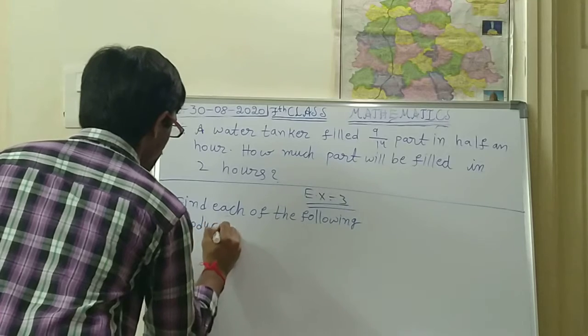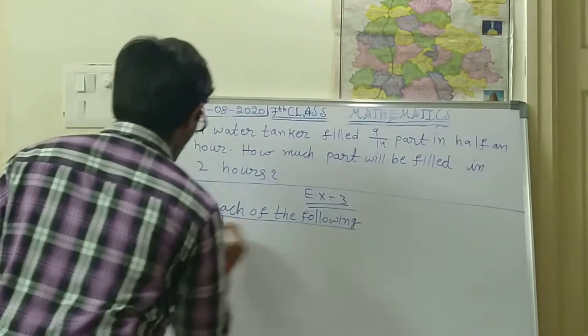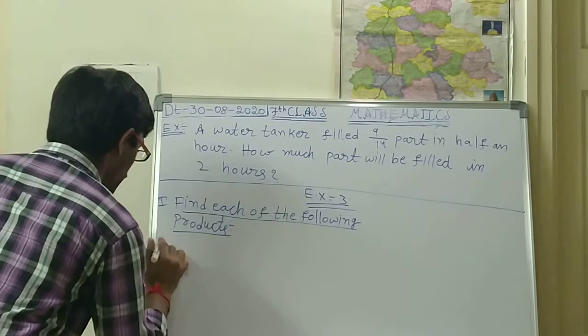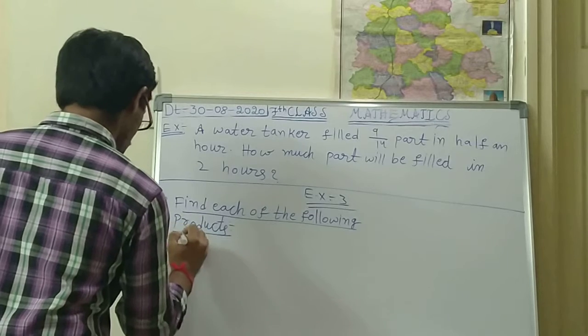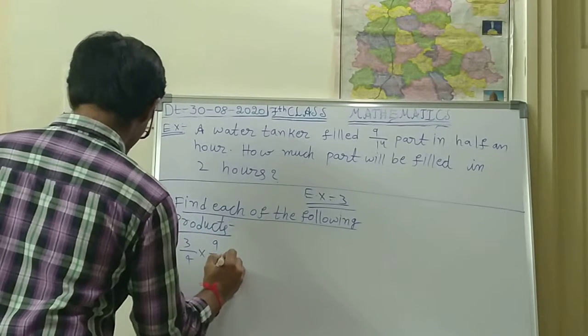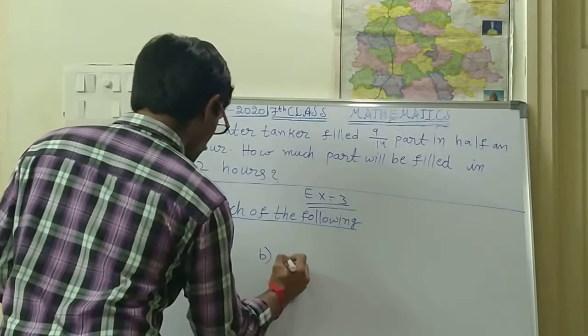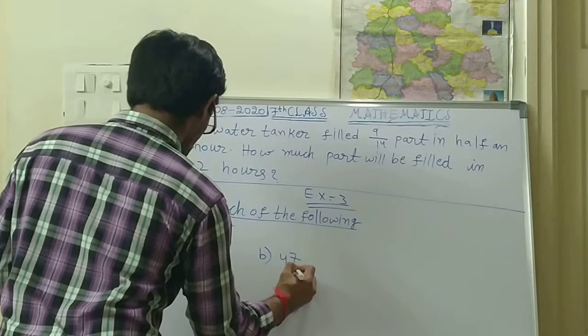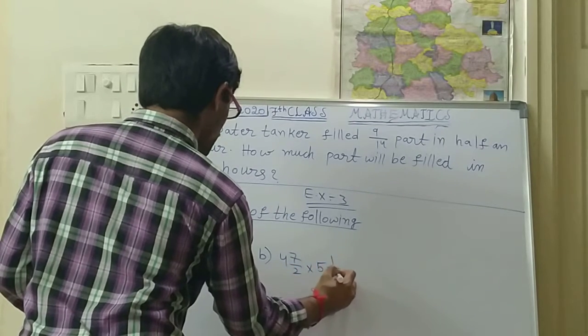So this is the first bit, children. Each of the following products. In the first one, A problem is 3 by 4 into 9 by 13. Next, B problem: 4 7 by 2 into 5 1 by 3.